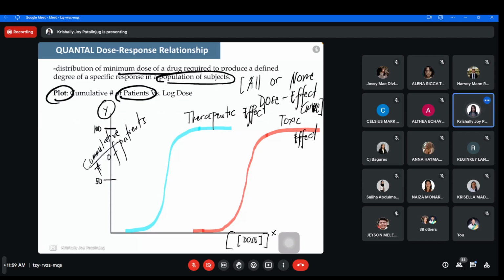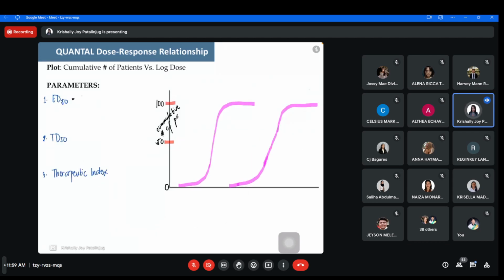Number one is the ED50. ED50 is also considered the median effective dose. It's the median effective dose. Okay? Ayan.